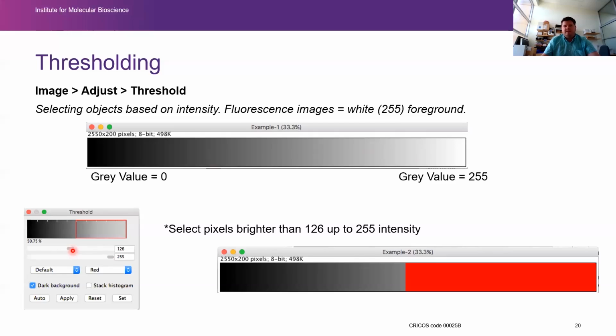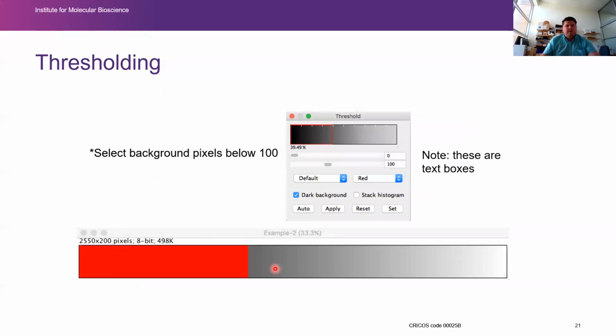So if I want to take things from 126 to 255, that's what it would be selecting. If I manually move it the other way, I can select just the background if that's what I'm more interested in, if I'm interested in where things aren't and not where they are. Or if you've got a bright field image, you can do that.